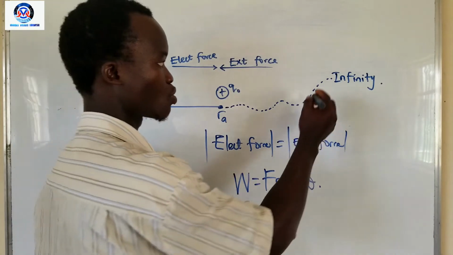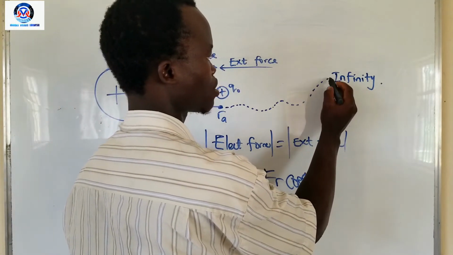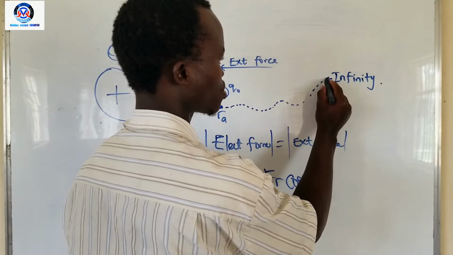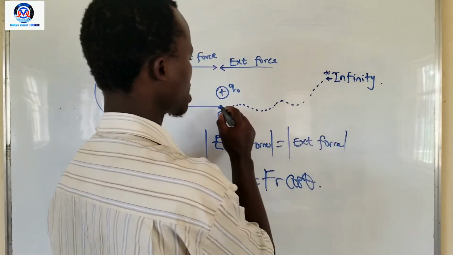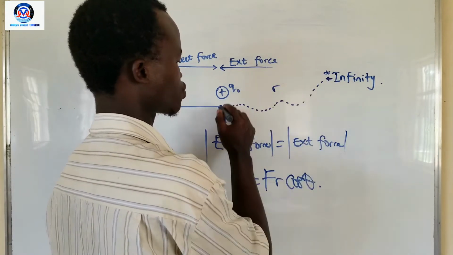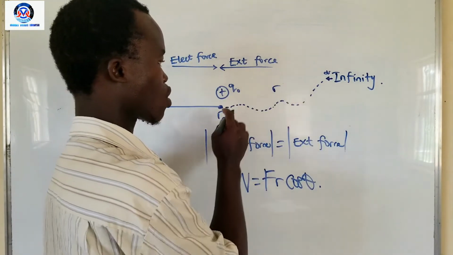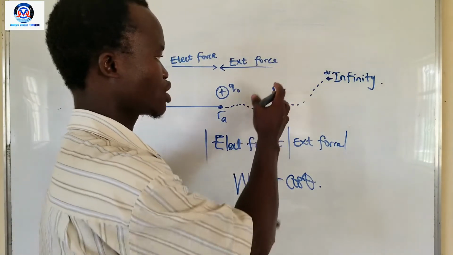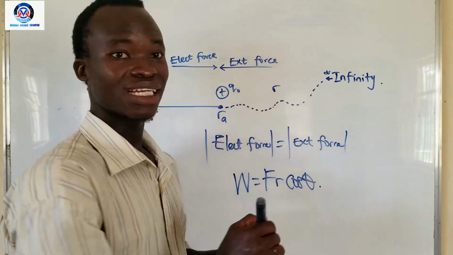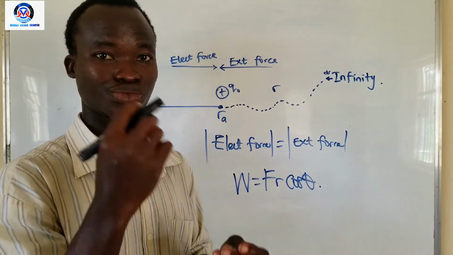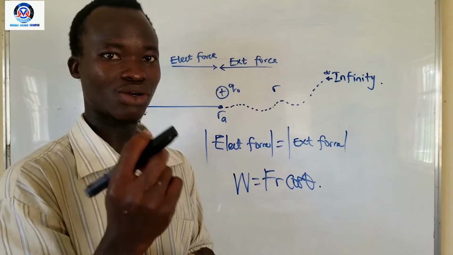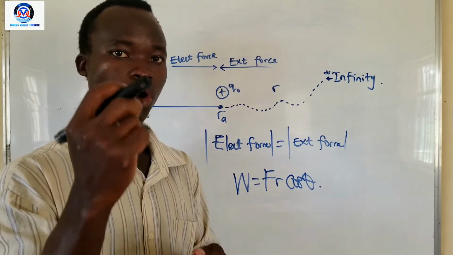The total distance from here to here we can call R, which we also call Ra. But now let's just call it R. So we are now going to consider the small part, and the small part is called dR.